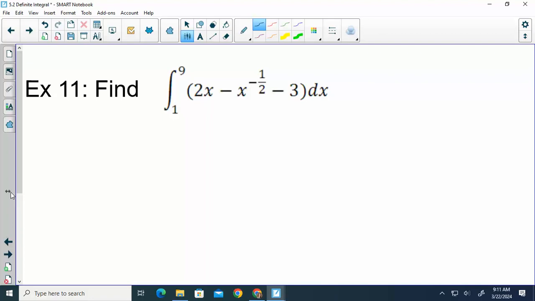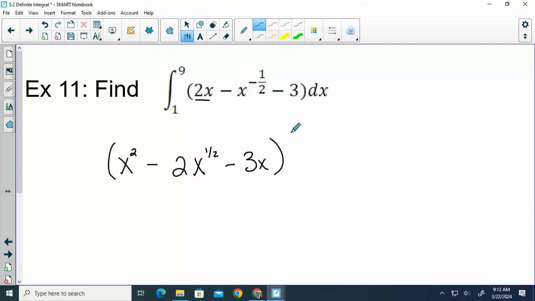All right, so we have to do this antiderivative term by term. What is the antiderivative of 2x? Okay, minus the antiderivative of x to the -1/2. So if you add 1 to the power, it's a positive 1/2. You put the reciprocal in front, which is 2. Minus, what's the antiderivative of 3?